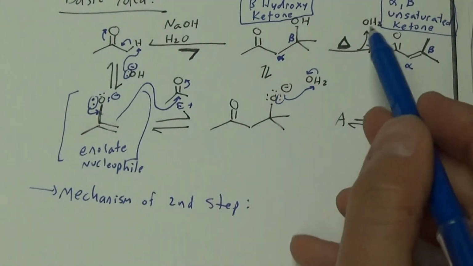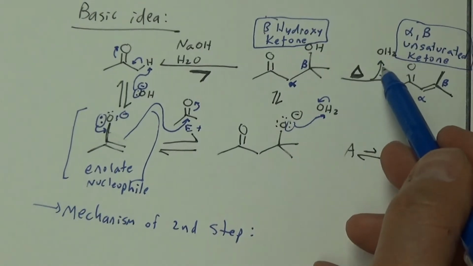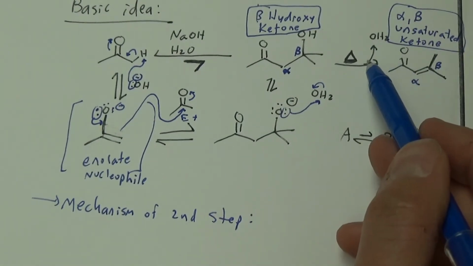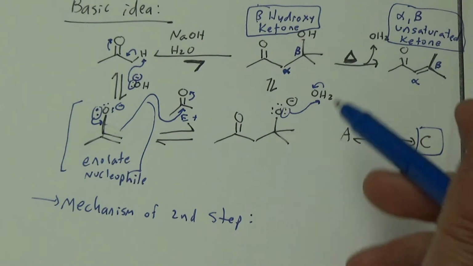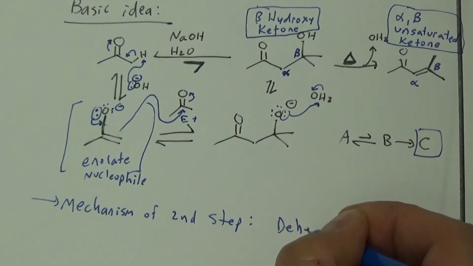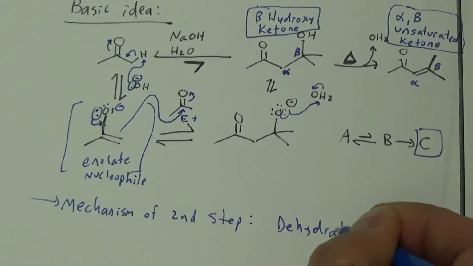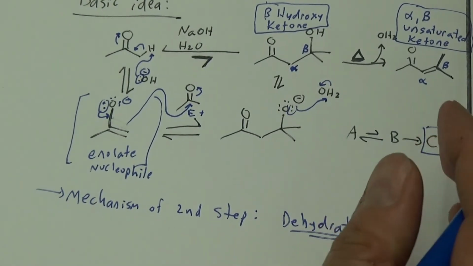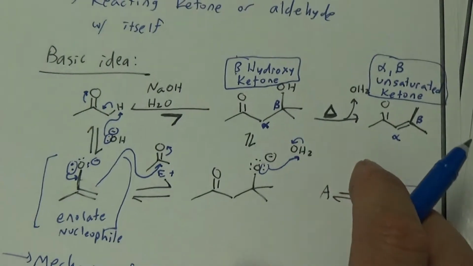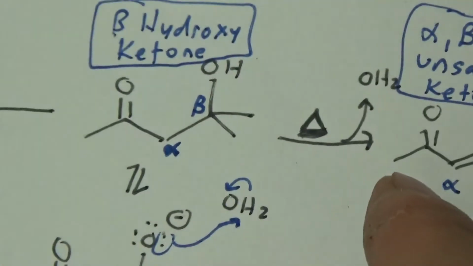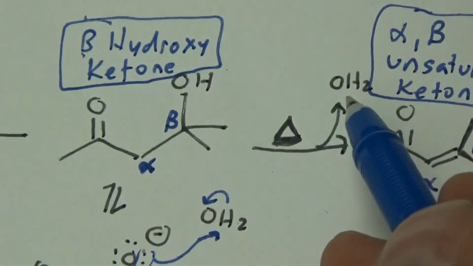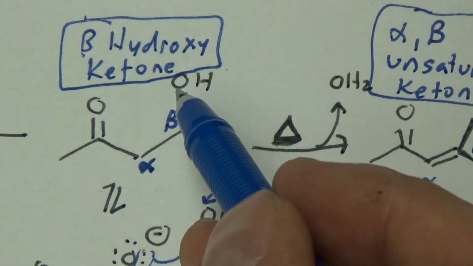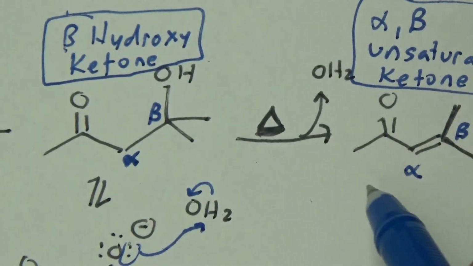What are we losing? We're losing water, right? So another name for this is dehydration, because we're dehydrating it, all right? Where is the water coming from that we're forming? We're forming H2O. So while there's the O, there's an H. Where's the other H?